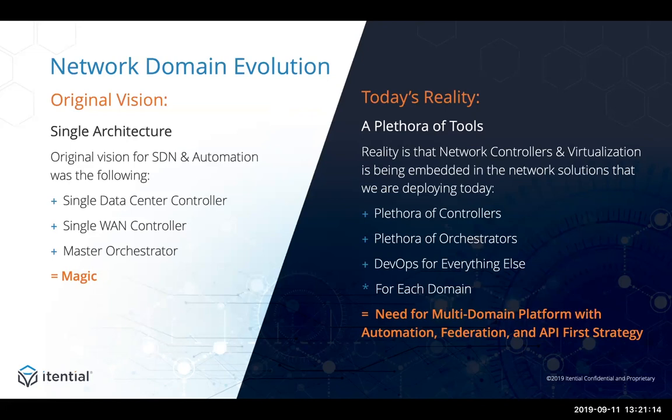So it's really about how we take these great innovations in each domain, and the adoption of new networking concepts in the cloud, the WAN, the branch and the data center, and tie them together in the most effective, automated and API-first way.